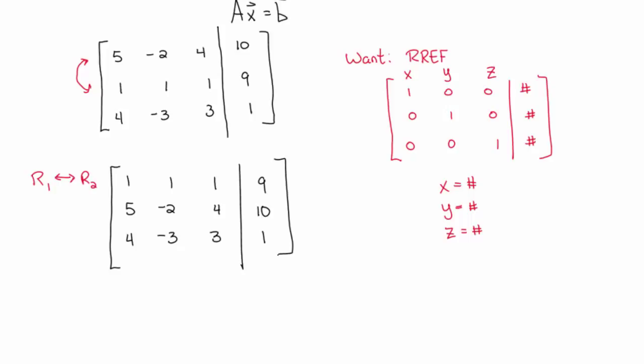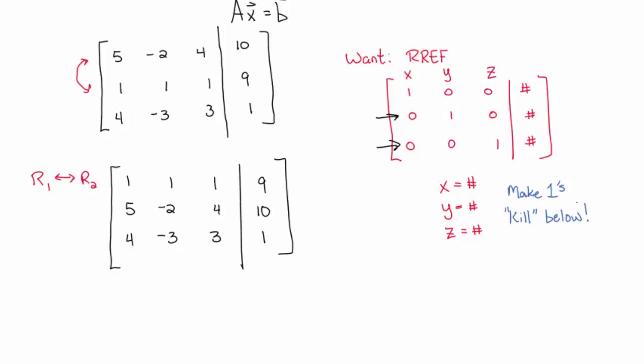It's wonderful. So now what I'm going to do is force everything below to be 0. I'm going to force this and this to 0. So my goal is to make ones, kill below.